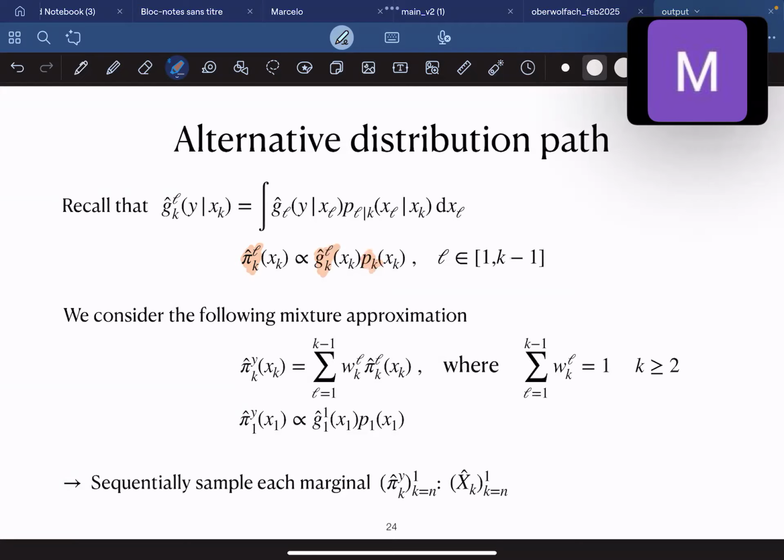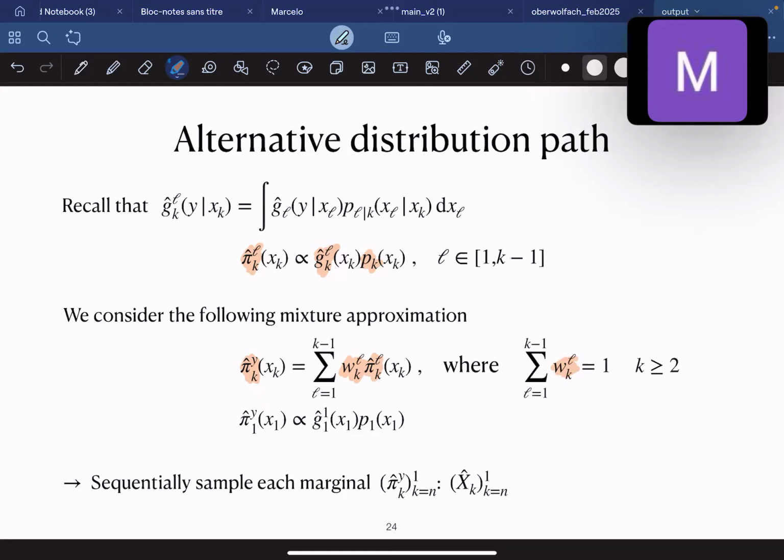And now I want to combine all these approximations of the pi_k. To combine all these approximations, I just consider a mixture. The approximation of the pi_k I'm considering at the end is simply a mixture of the pi hat_k^l, with some weights w_k^l, which sum to 1, of course.